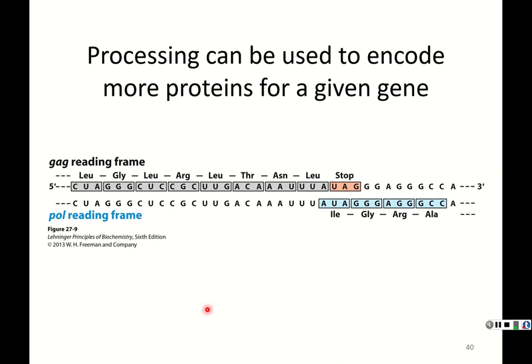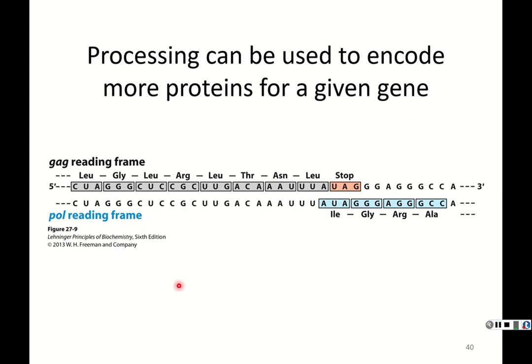What this processing can be used for, though, is to encode more proteins for a given gene. So something like that viral genome that we talked about last lecture, the GAG reading frame is shown here, but the polymerase reading frame is shown here.